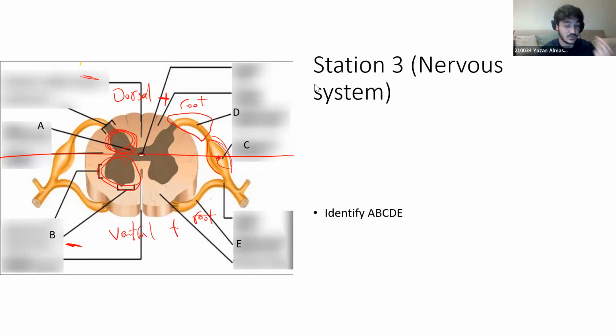To know which one is motor and which is sensory in the gray horn, we use the mnemonic SAME DAVE. Root, then spinal nerve, then ramus. I'll make sure. Just give me a second, I'll Google it right now.